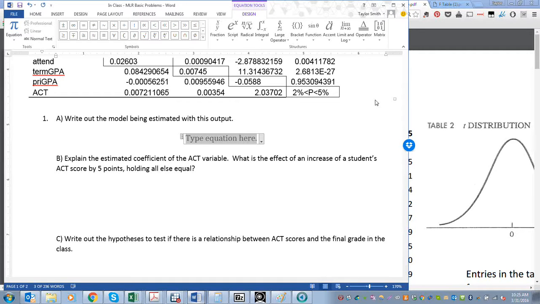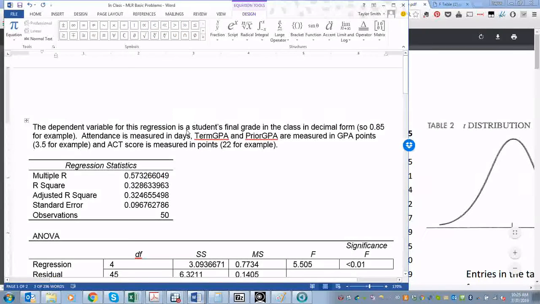And so the dependent variable in this case, coming from up here at the top, is student final grade.